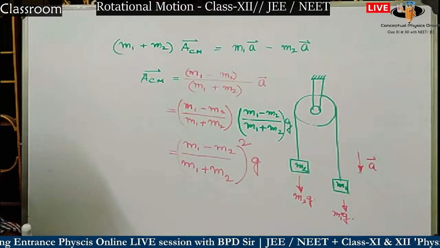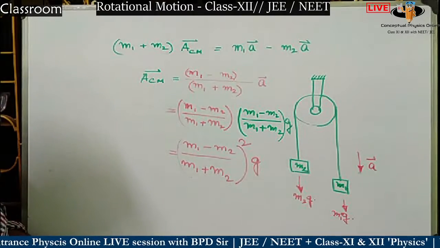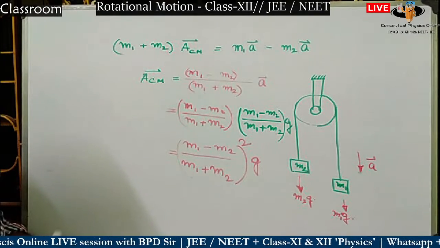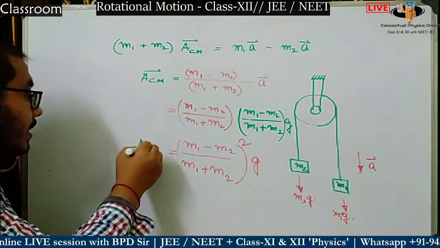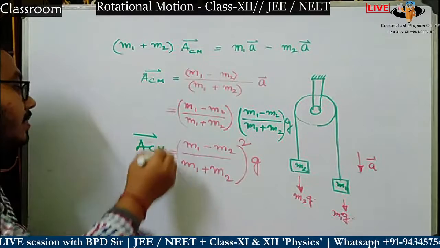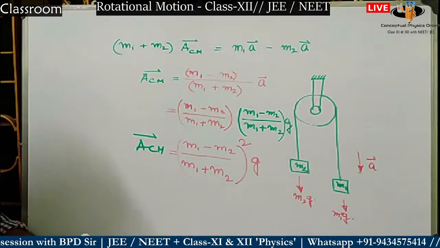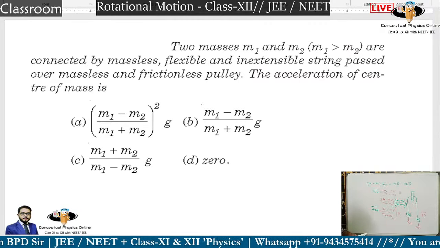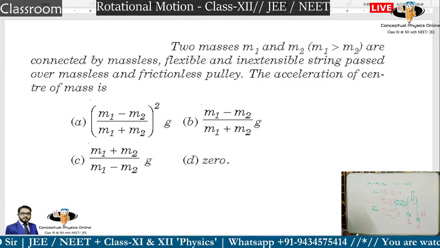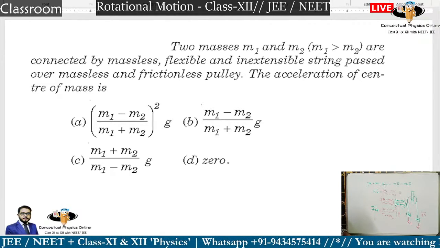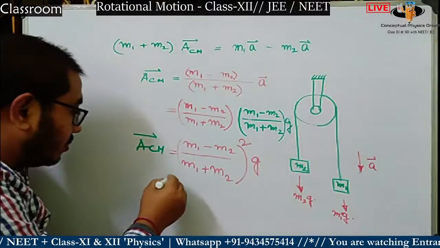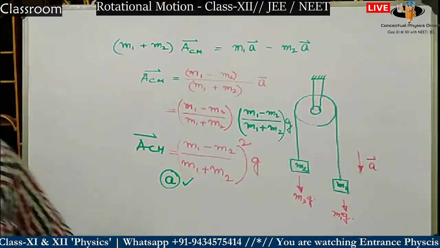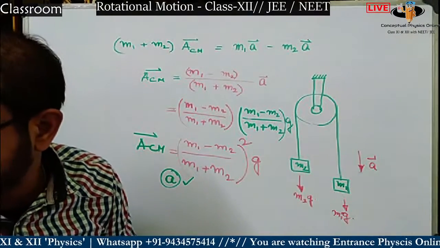So this becomes the acceleration of the center of mass, ACM. So let us see the four options. Among the four given options, you can easily see that option A will be your correct choice, right?